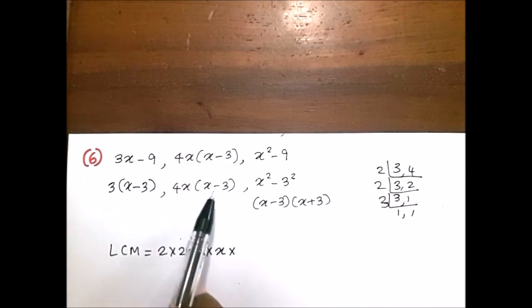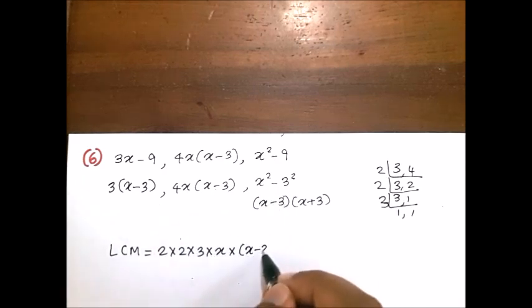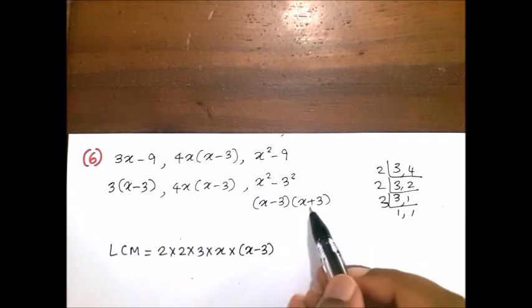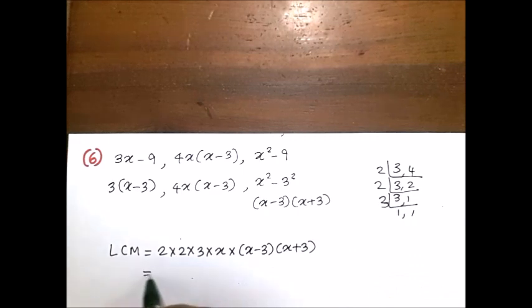Here x minus 3, here x minus 3, here another x minus 3. So you have to select the x minus 3 term. And here another different term, it is x plus 3. Answer is 12x times x minus 3 times x plus 3.